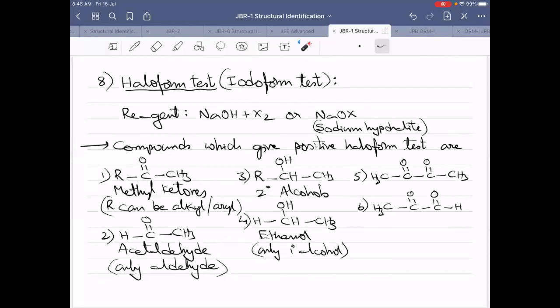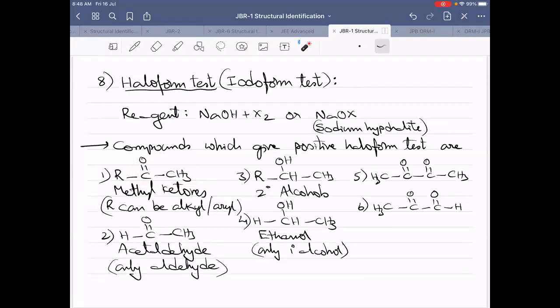Then there is a special test, the haloform test, or you can particularly call it an iodoform test when iodine is used. This test is used for the identification of methyl ketones, but there are some other compounds also as an exception.